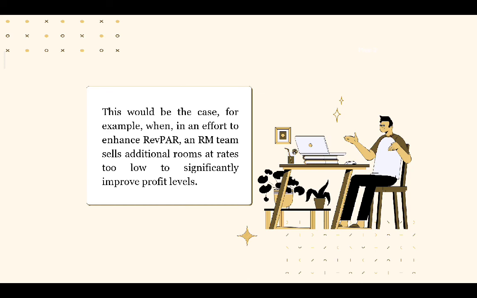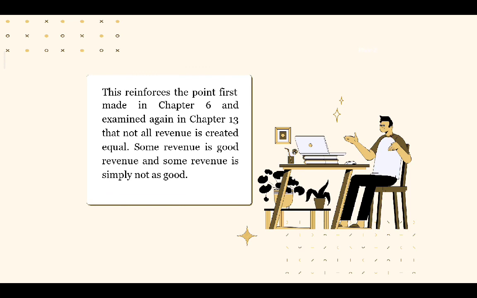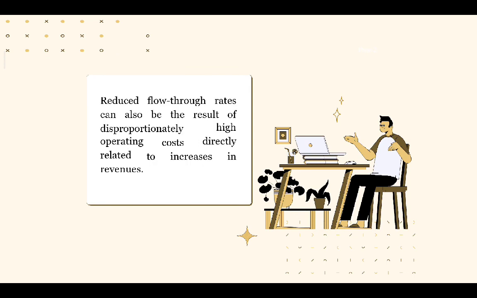This reinforces the point first made in Chapter 6 and examined again in Chapter 13 that not all revenue is created equal. Some revenue is good revenue and some revenue is simply not as good. Reduced flow-through rates can also be the result of disproportionately high operating costs directly related to increases in revenues.